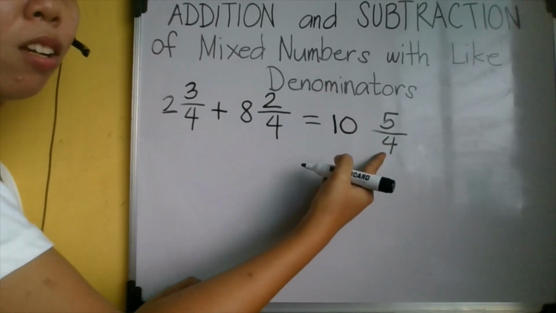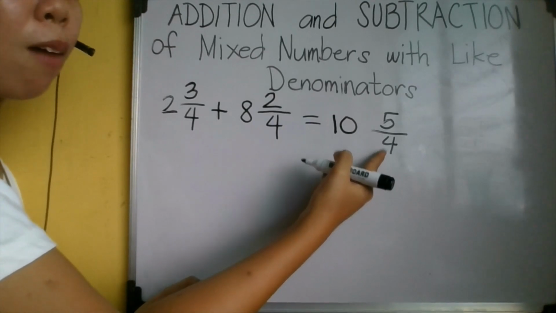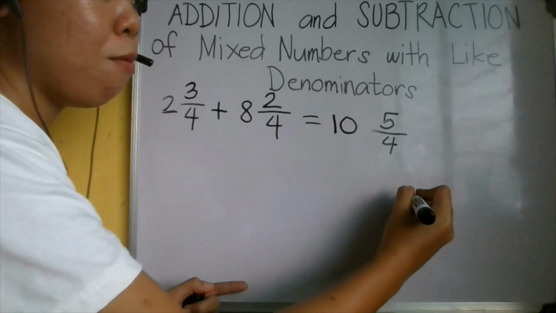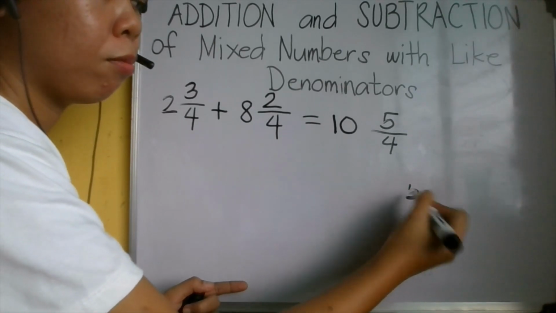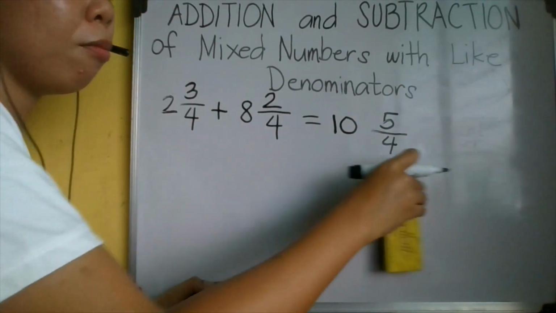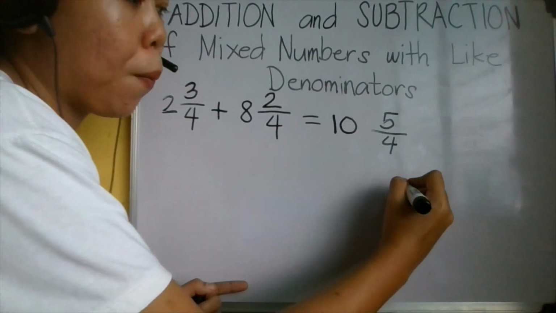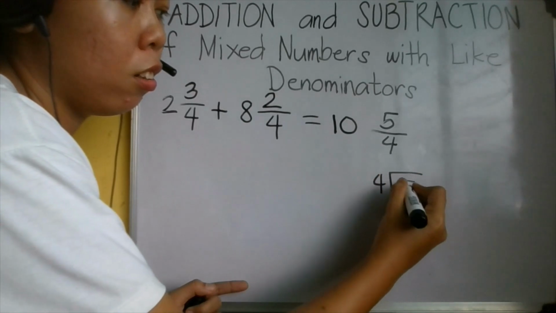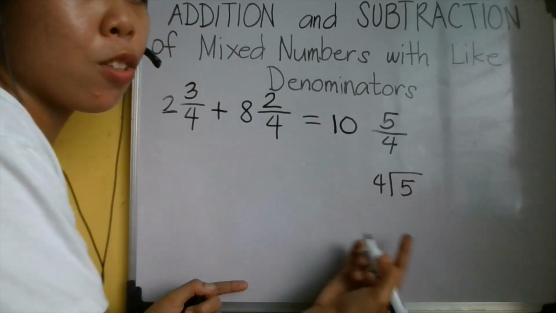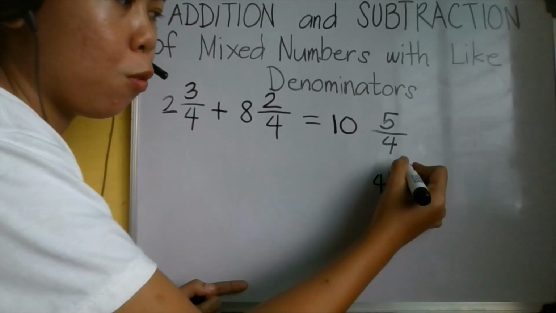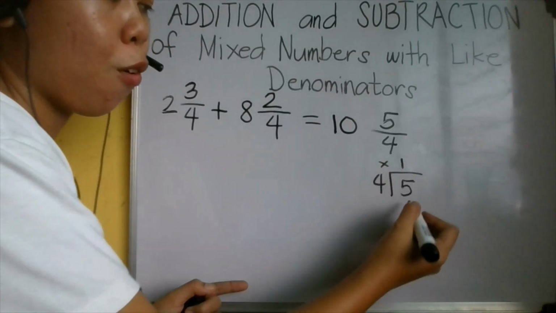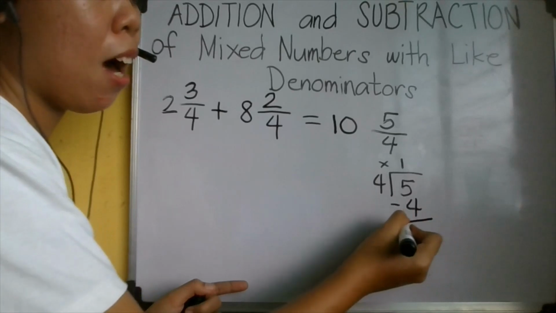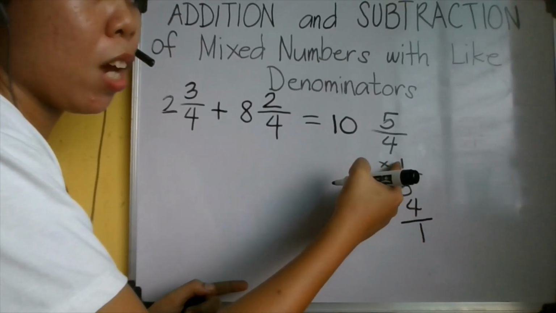To do that, we divide 5 by 4. 5 divided by 4, we have 1. 1 times 4, we have 4. Then subtract 5 minus 4, we have 1. So the quotient becomes the whole number.